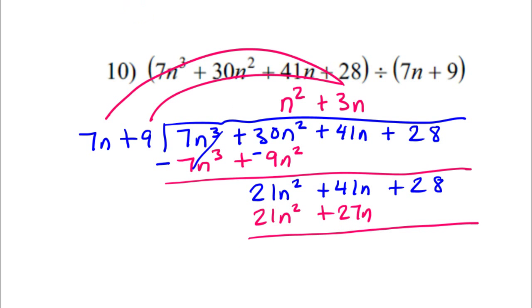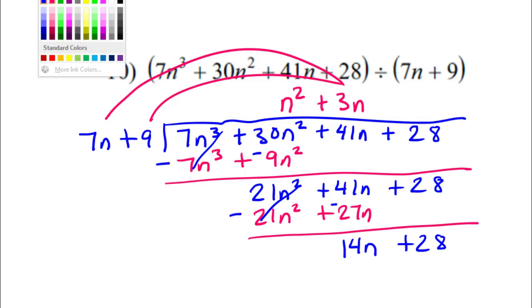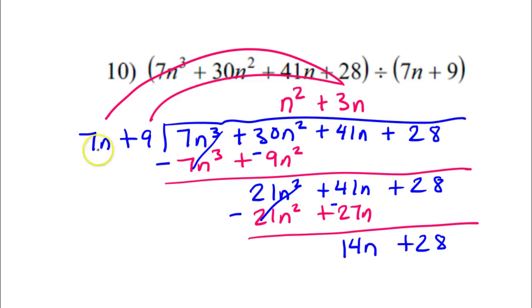Now I will subtract by changing the signs. So I'll make this minus and I'll make this minus. These cancel out. Now 41 minus 27 is 14, so I'll have 14n plus 28. Alright, so now I start over. And 7n times what will give me 14n?